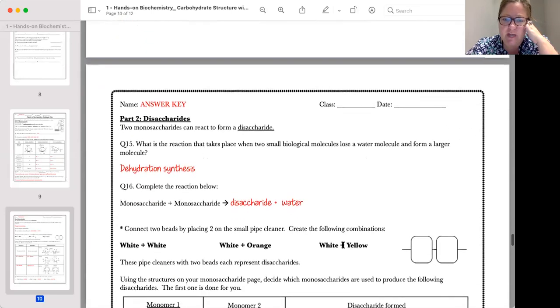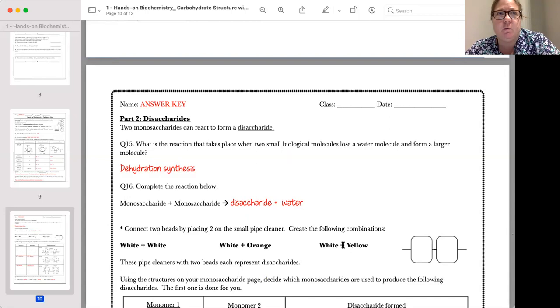Now, monosaccharides join together to make a disaccharide. We talked about how the prefix di means two. And so we have monomers, 2 monosaccharides make a disaccharide. And what is the reaction that takes place when 2 small molecules lose the water and form a larger molecule?